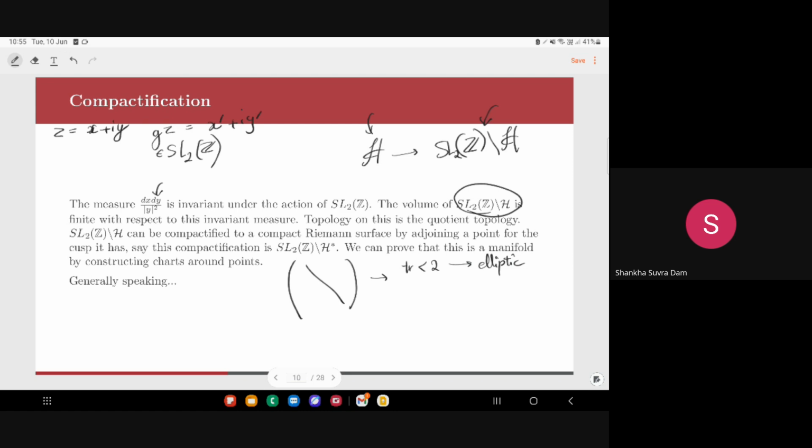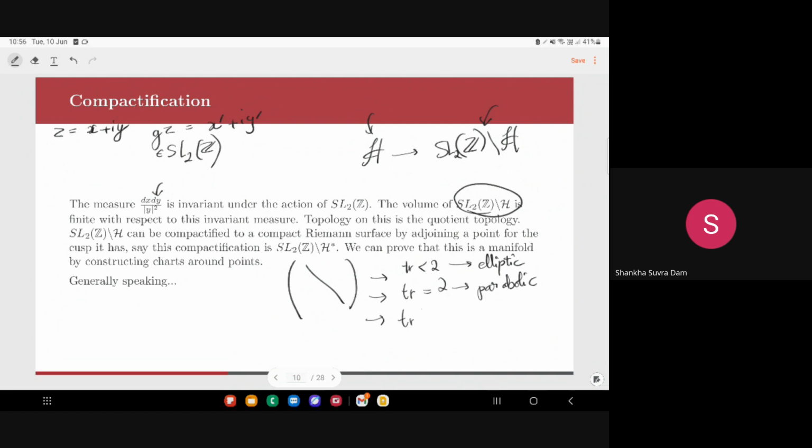These can be shown to have two fixed points in the projective complex line, P1C. If trace is equal to 2, then it's parabolic. This has a single fixed point in P1R.